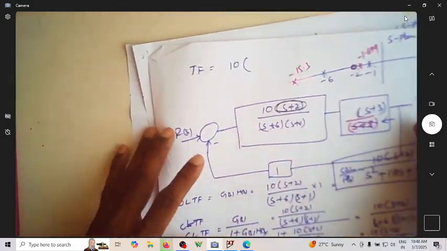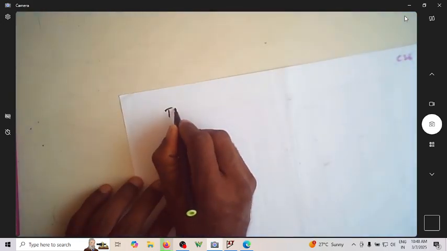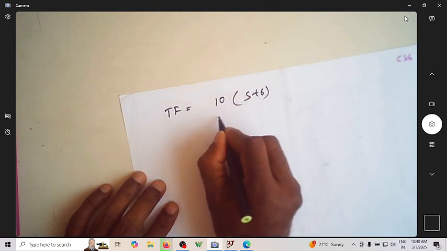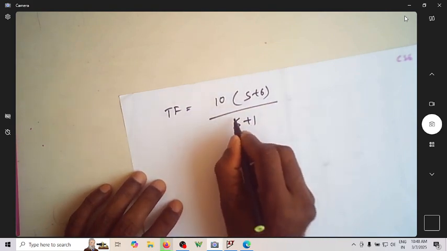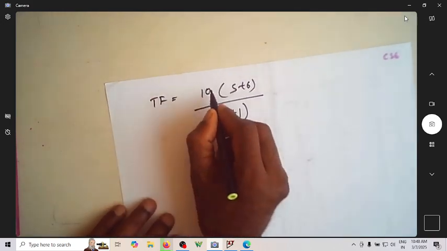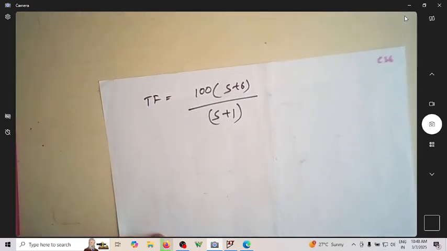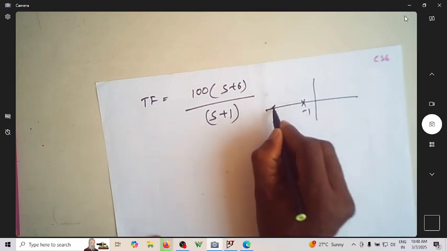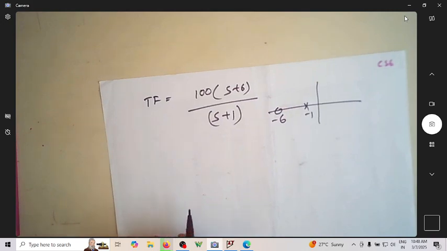That pair, assume that you have this. Let me just write. Suppose this is the transfer function, which is 10 into (s plus 6) over (s plus 1). Assume that this gain is 100. So where are the poles and zeros? They are at -1 and -6.